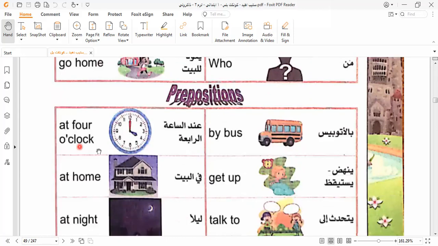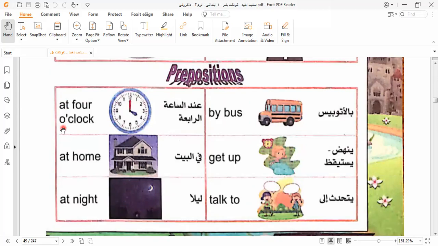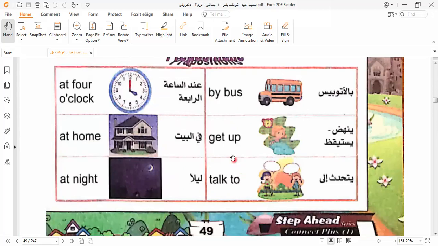At 4 o'clock: here we use at with time. We use by with the means of transport, without adding anything else. By bus. We have at home, at night, get up. Get up means wake up.